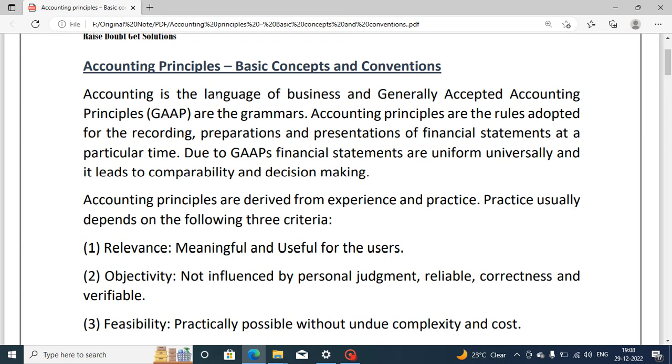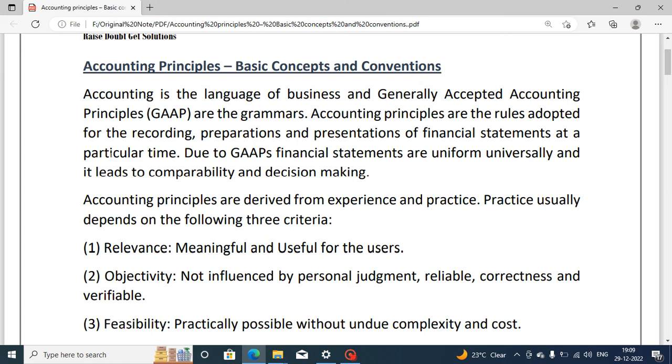Accounting is the language of business and generally accepted accounting principles, GAAP, are the grammar. Accounting is the language, and the principles of accounting are called generally accepted accounting principles, GAAP. GAAP are the grammar. Accounting principles are the rules adopted for the recording, preparation, and presentation of financial statements at a particular time.